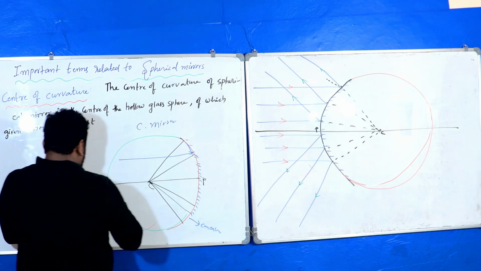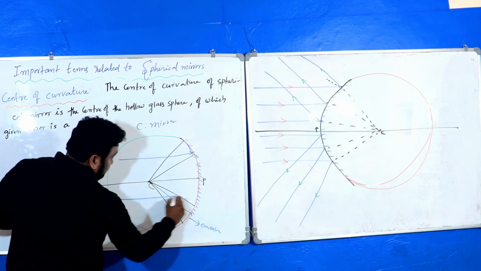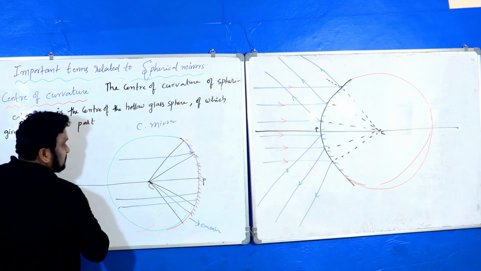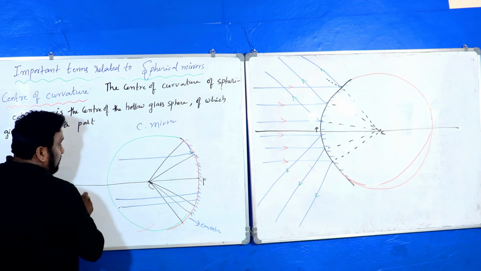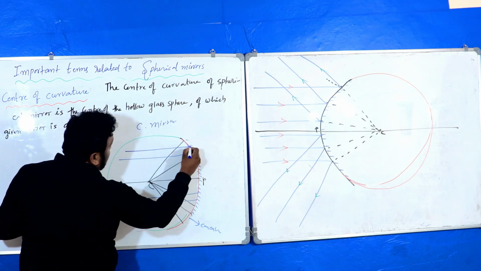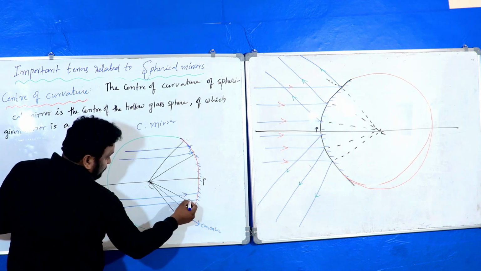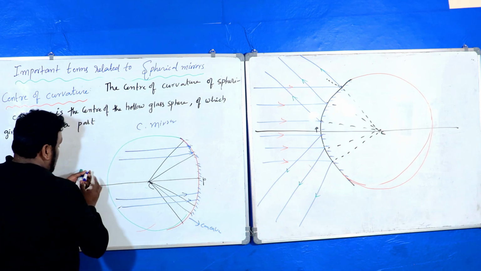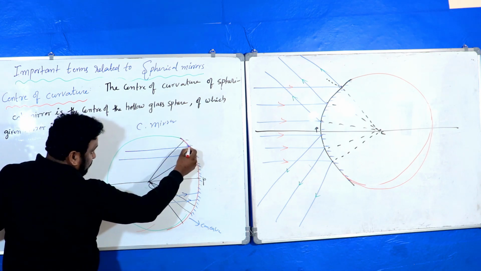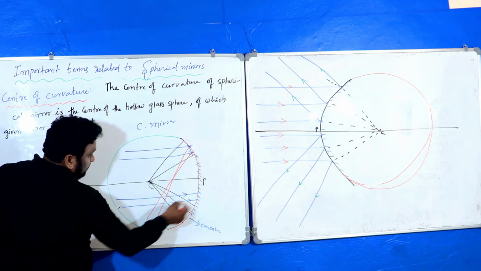Here also I am going to draw some light rays. No need to get confused. These black lines are the normal lines, and what I am drawing with blue color are the incident light rays. Clear? After the reflection of light, they meet at one particular point.